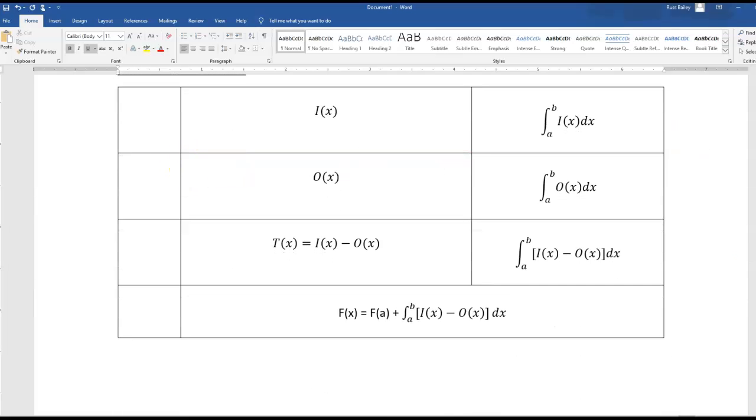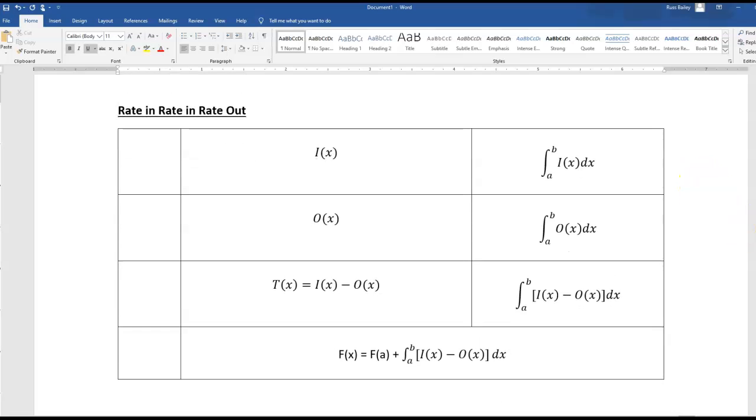All right. So how rate in and rate out questions work is basically like, let's pretend we have a bathtub here, right? Here's my bathtub, little ghetto bathtub I'm making here. And we usually have a faucet, and that faucet is pouring water into the tub, right?